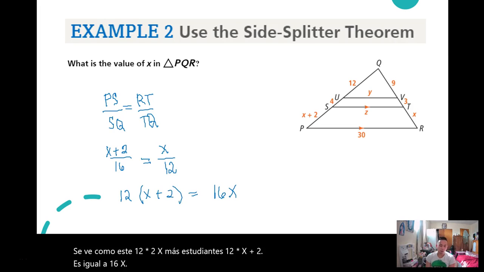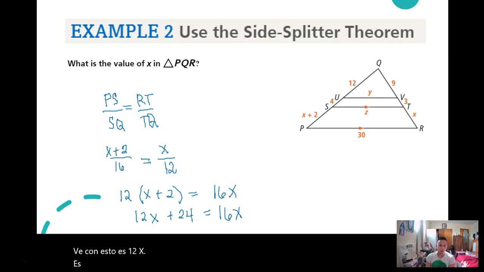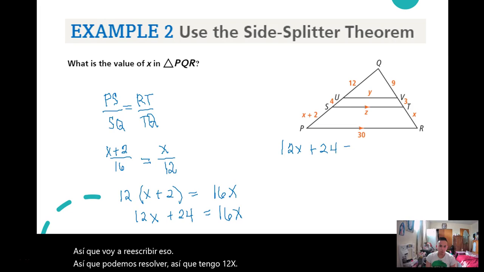So you just distribute, and this is 12x plus 24 is equal to 16x. I'm going to rewrite that so we can solve.